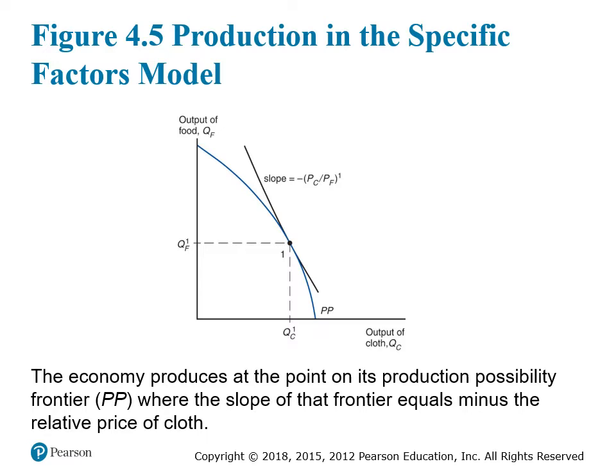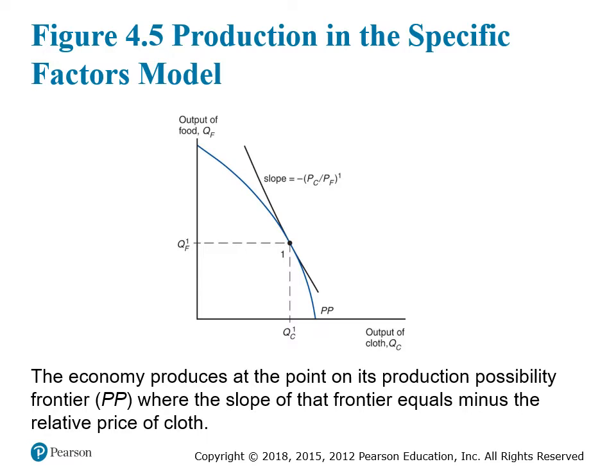And that's shown by this blue line, which is the production possibility frontier, and this black line, which is the slope, and that's the minus relative price of cloth over food. When this line touches the production possibility frontier, that's the point at which the economy will produce, namely point 1.